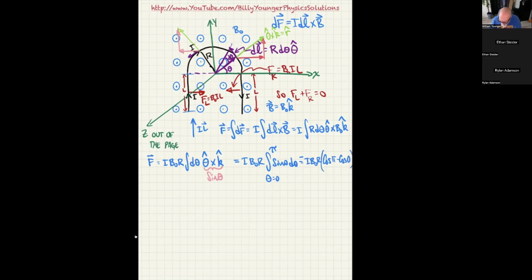And the cosine of pi, of course, is negative 1. And the cosine of 0 is 1. So we got negative 1 minus 1 is negative 2. So I'm ultimately going to get 2, and the negatives cancel out now. So it'll be 2 I B0 R, and that force points purely in the j hat direction.